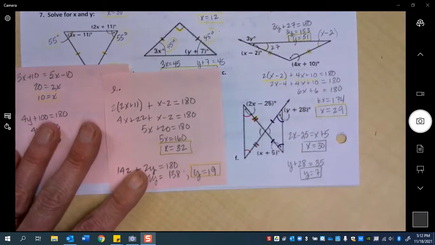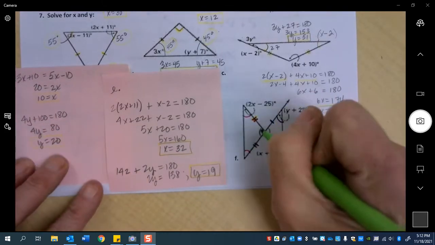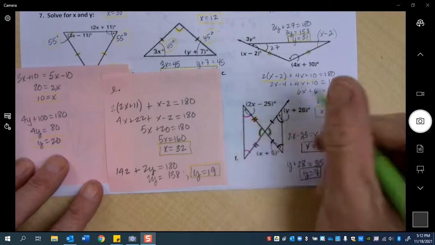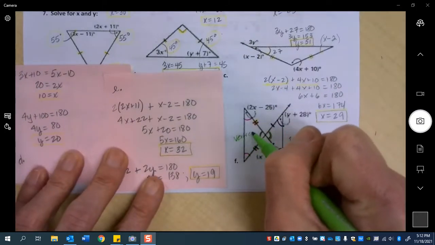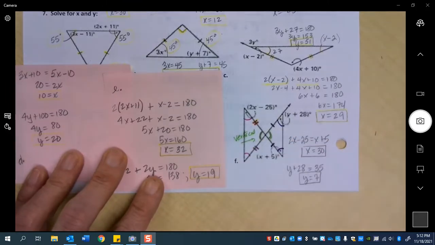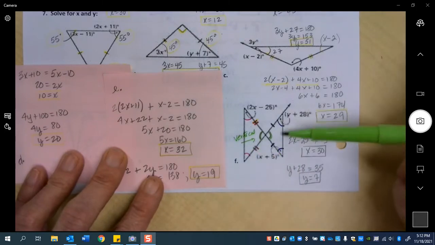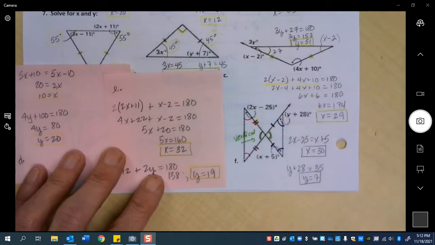Now here's the tricky part, and I want you to pay attention to this. These two angles are vertical. Because they're vertical, they're going to be equal. So if these two x values have the same value and these two sets of angles are the same, that means that all four angles are congruent.